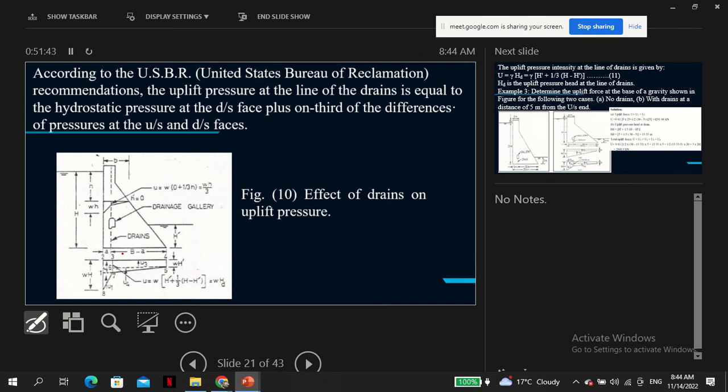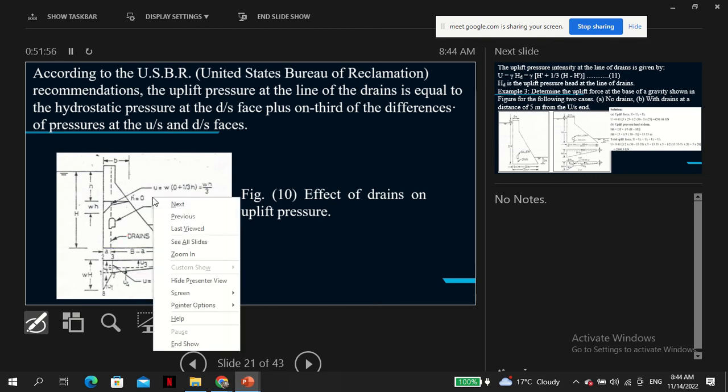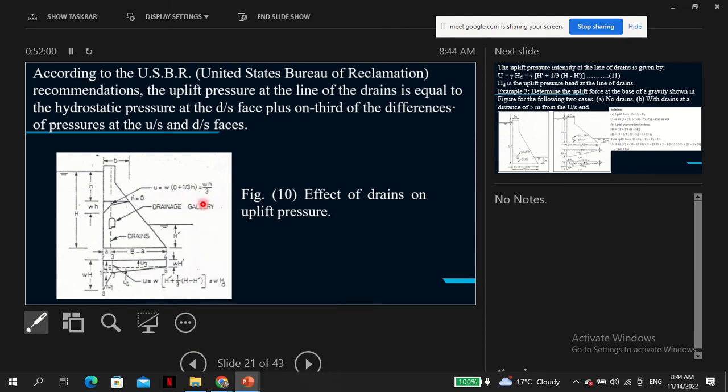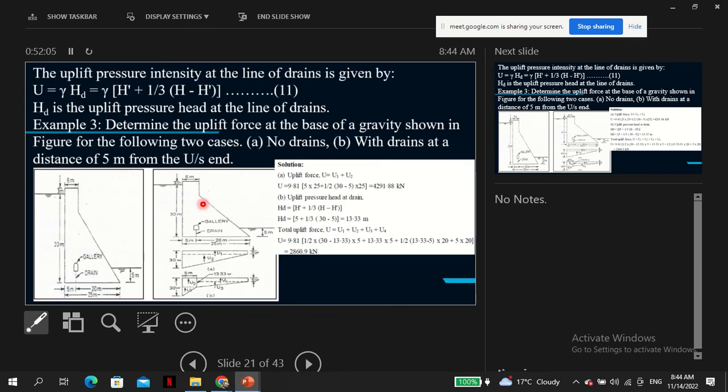So probably with this you don't need to do the flow net, and what we have demonstrated. This is something probably they have known from experience, and they have put it in the code. Maybe they have observed this kind of behavior.